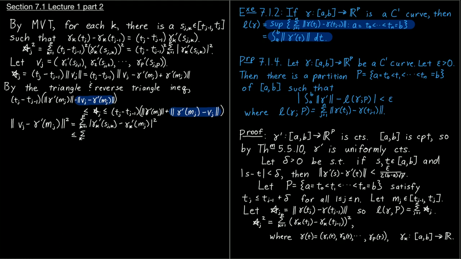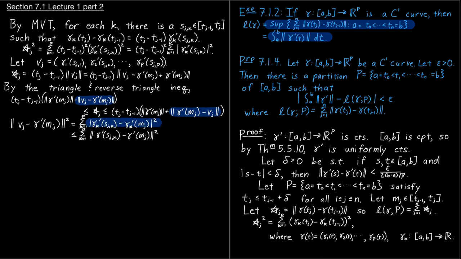So let's notice that each of these guys individually is less than the norm of gamma prime of sjk minus gamma prime of mj.